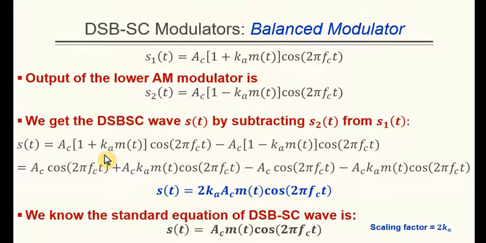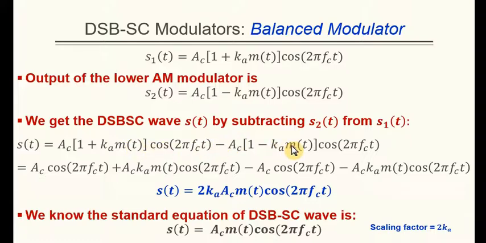So S of t is the subtraction of S2 of t, which is Ac 1 minus ka m of t cosine 2 pi fct, from S1 of t.